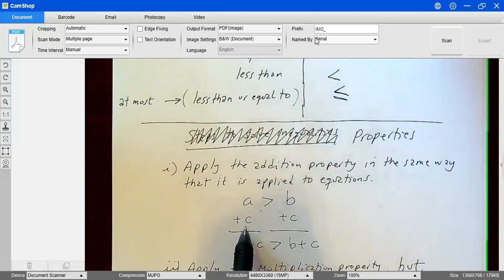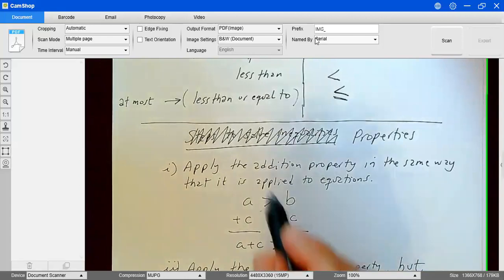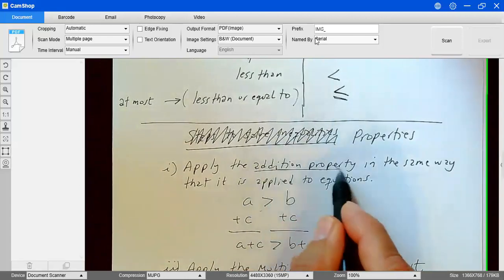I can add a quantity or an expression to the left-hand side, and I need to do it to the right-hand side too. And then just write A plus C greater than B plus C. So nothing different from what we did with the linear equation. The addition property works in the same way.